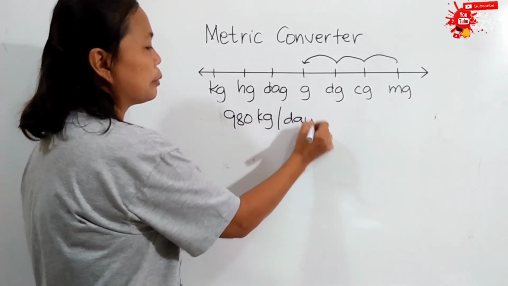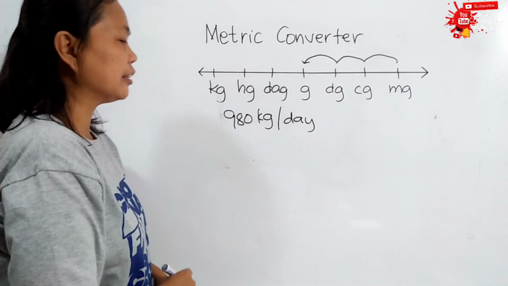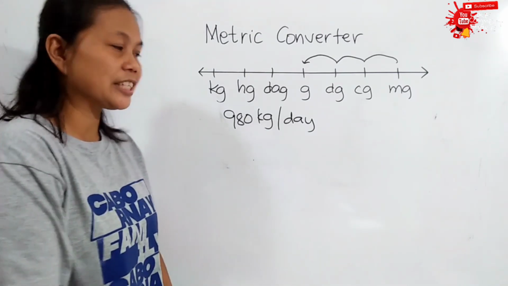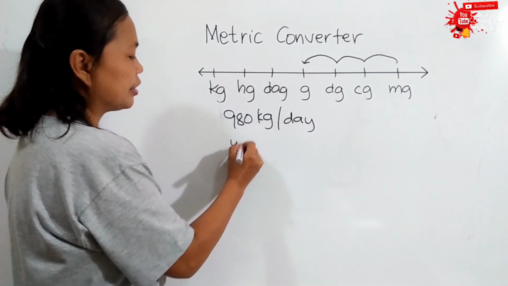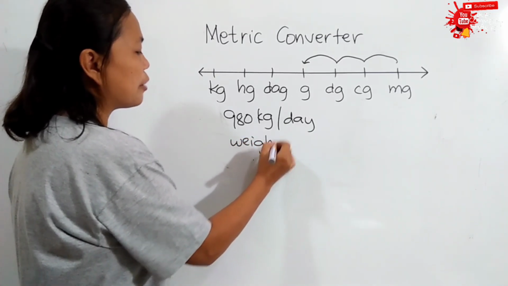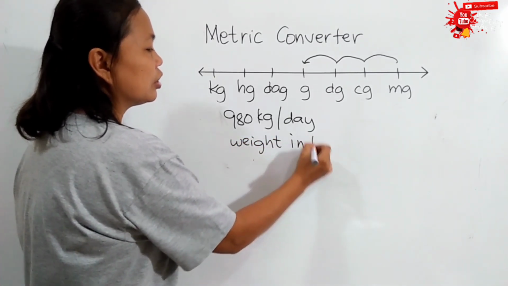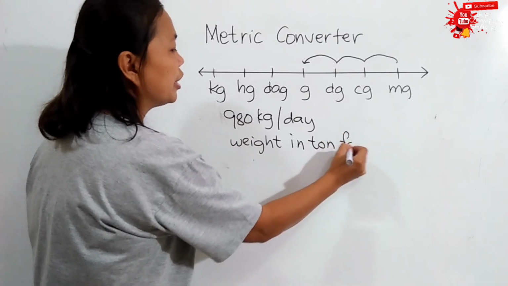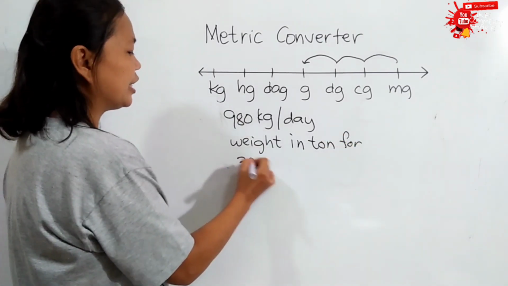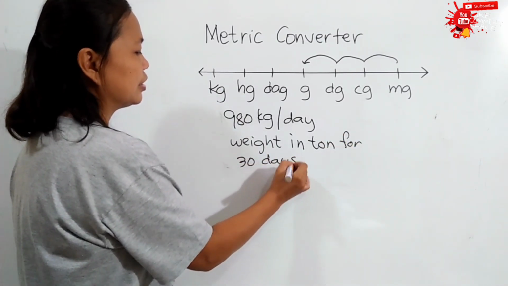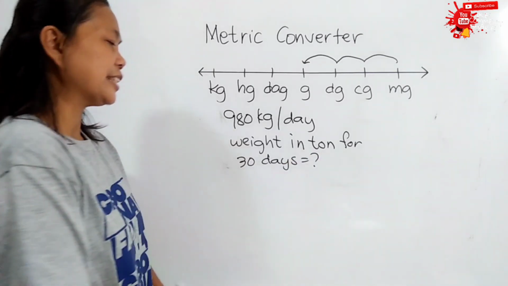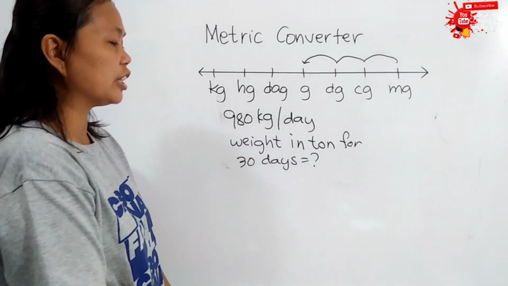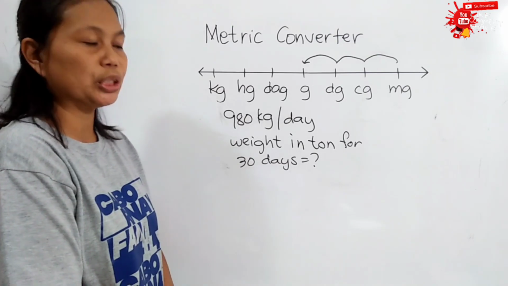So this is per day. And the problem is asking for the weight of the garbage in tons for 30 days.